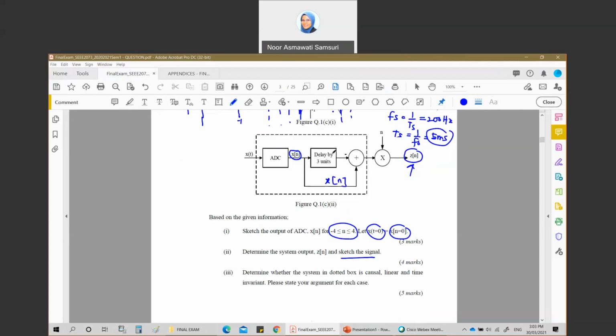Okay, a system that has delay by 3 units. So what happened to xn? Delay meaning that the signal, the xn, is delayed by 3. Okay, common mistake by students. Delay should not be negative in here.